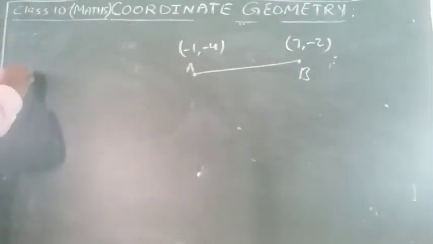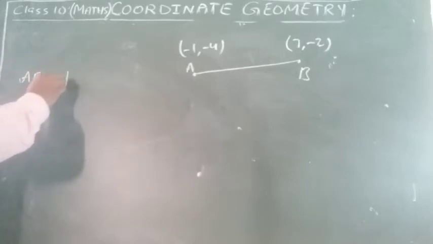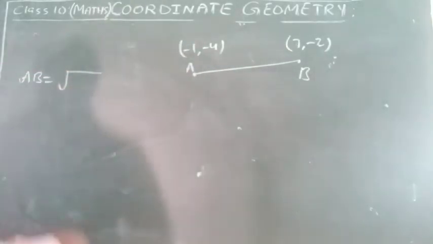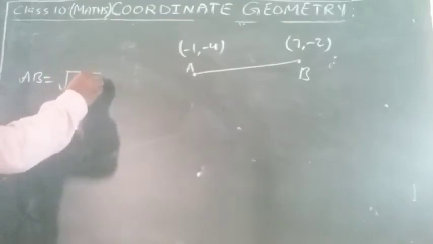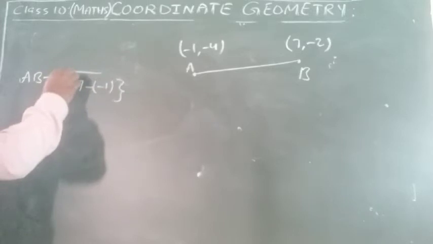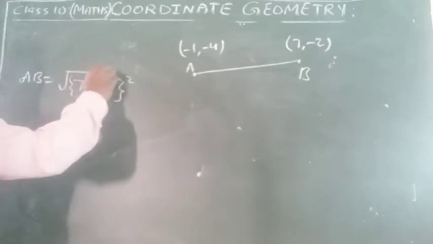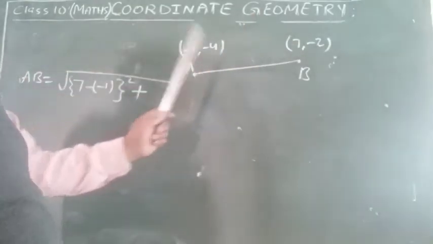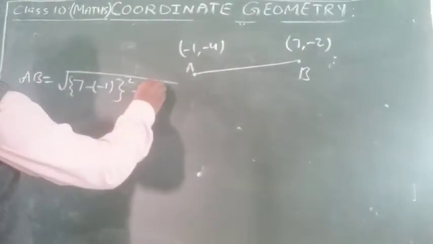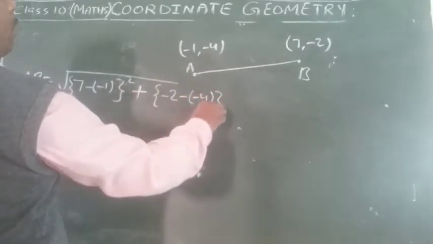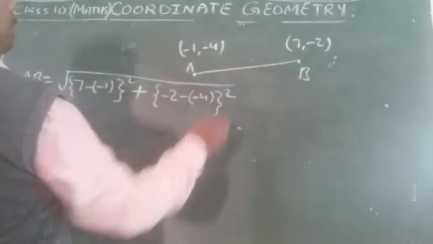So AB equals under root of (7 minus minus 1) in brackets, whole square, plus (-2 minus minus 4) in brackets, to the whole square.